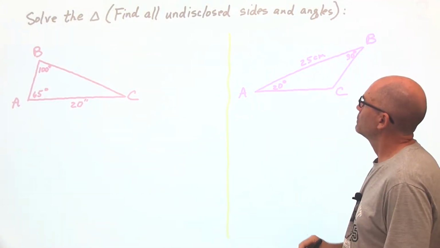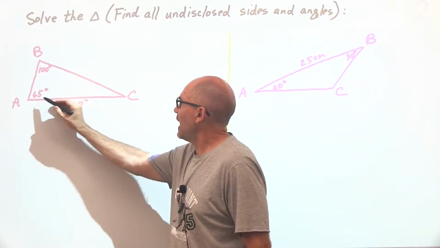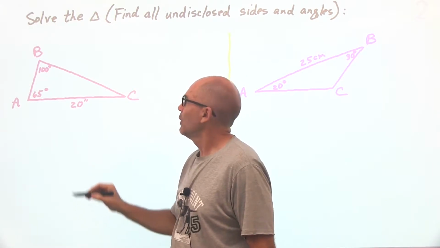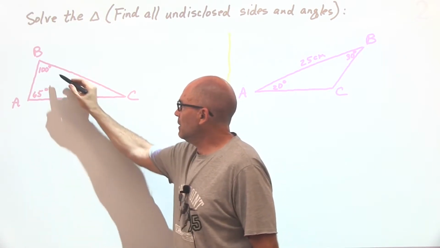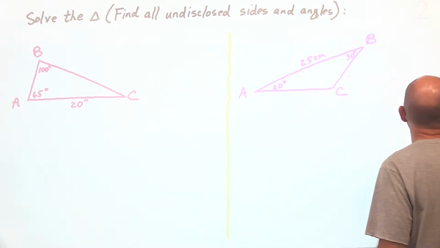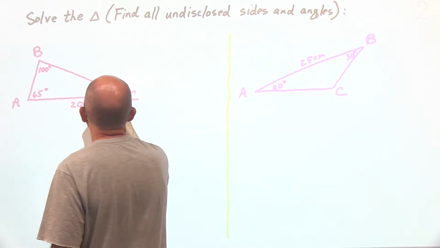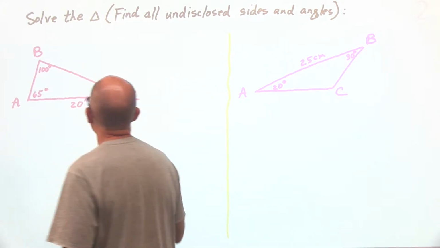That's annoying. Hold on. All right, so here's an example. We've got right here, angle, angle, side. So, like I said, 100 plus 65 is 165, and so the third angle we know has to be 15 degrees, so that all three angles add up to 180.